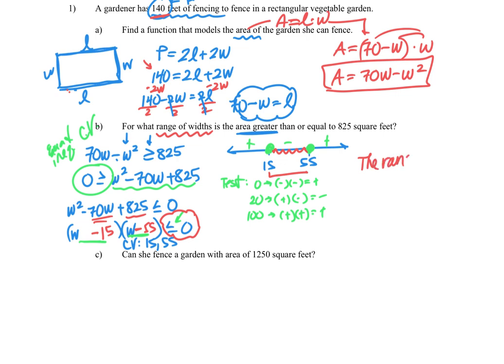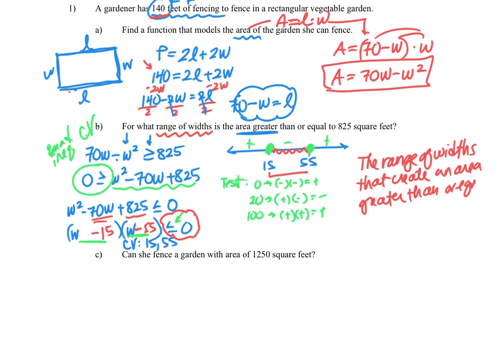The range of widths that create an area greater than or equal to 825 square feet are between 15 feet and 55 feet.